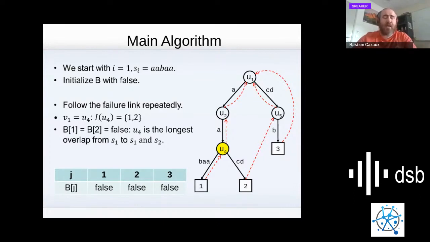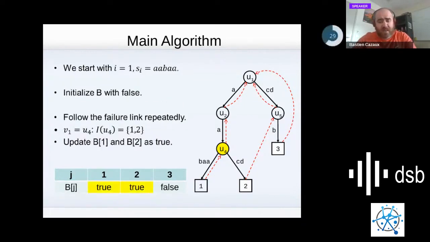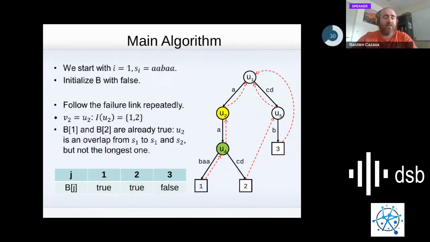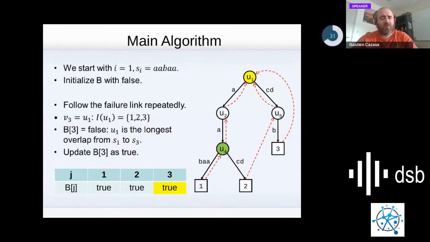So you keep it, and you update the B values for 1 and 2 to true. And you continue to U2. For U2, the interval is exactly the same, 1 and 2. But when you look in B, these two values are already true. So we don't need to add it, and we continue to U1.